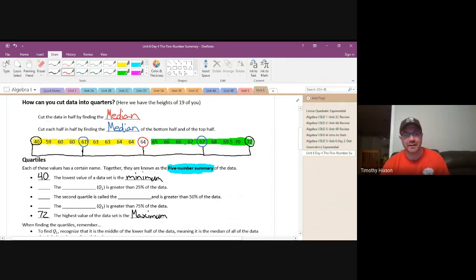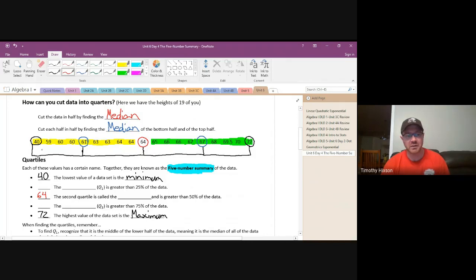So then let's look at that 64 in the middle. The 64 is actually what's known as the second quartile. Now these values that we're talking about are known as the quartiles. The minimum you could call quartile 0. Nobody calls it that, but technically you could.